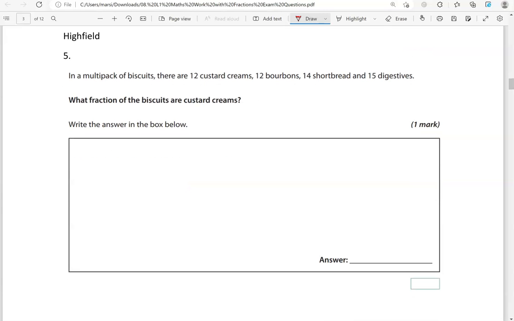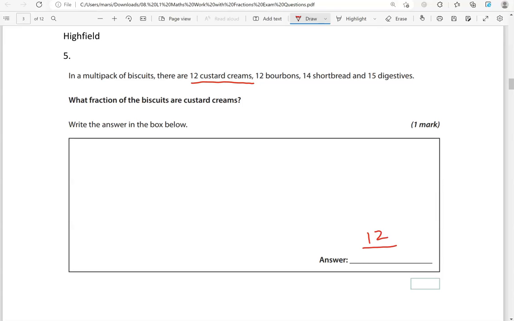In a multi-pack of biscuits, there are 12 custard creams, 12 bourbons, 14 shortbread, and 15 digestives. What fraction of the biscuits are custard creams? Write the answer in the box below. So we've got 12 custard creams.